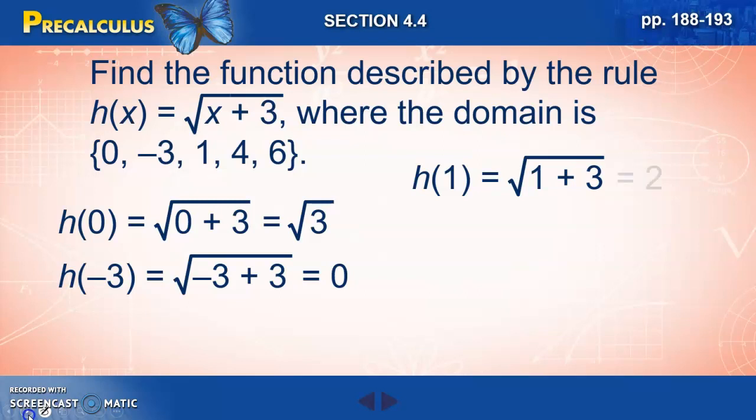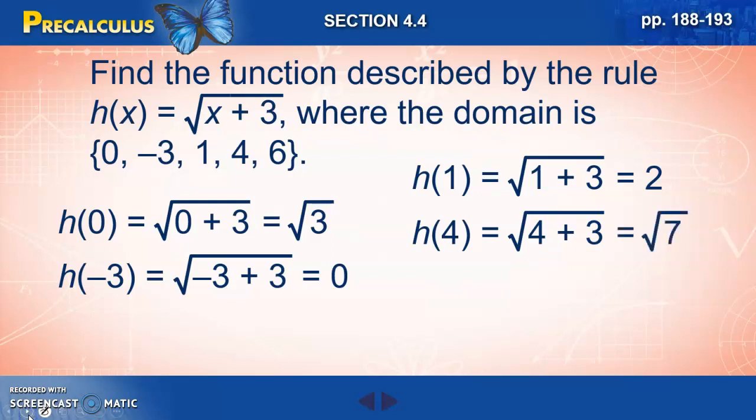When we plug in 1, we get square root of 4, which is 2. And when we plug in 4, we get the square root of 7, which cannot be simplified. So our function rule there is 0, root 3, -3, 0, 1, 2, and 4, root 7. Those are the different coordinates based on the domain that was given to us.